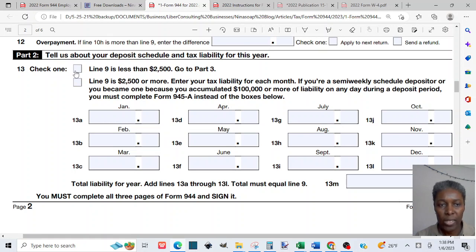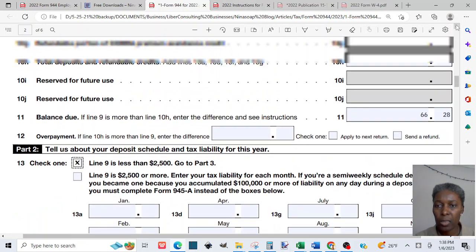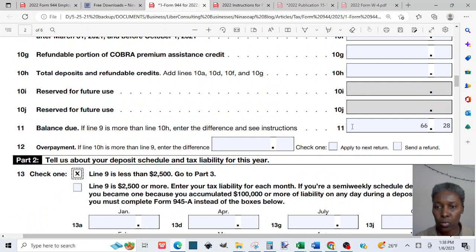If so, you check the box and you go to part 3. So generally, you will file Form 944 if your total tax liability is less than $1,000 for the year.